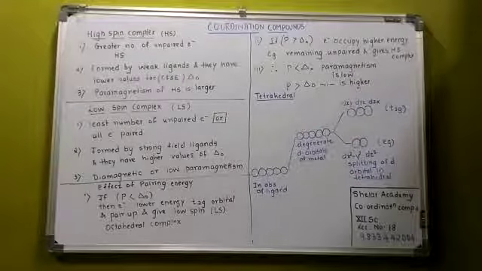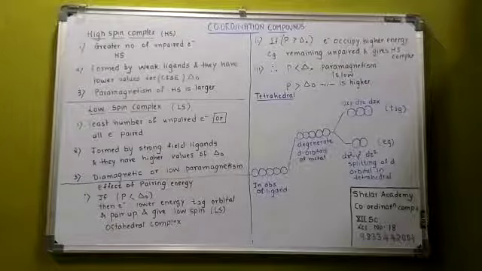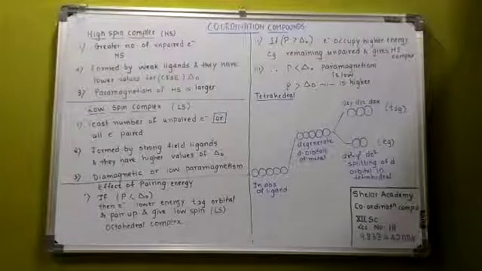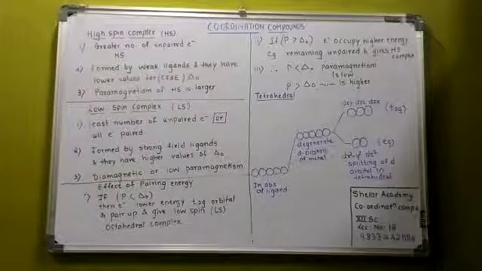Okay, next I have explained the effect of the pairing energy. If the pairing energy P is less than the crystal field splitting energy, then the electrons have a tendency to occupy the lower energy level, that is the T2g orbital, and pair up and give a low spin, that is LS, octahedral complex.